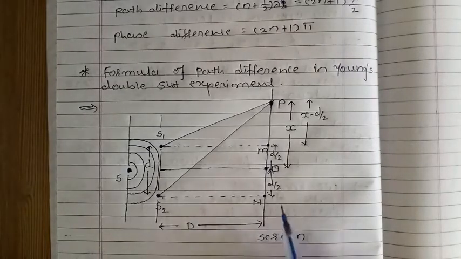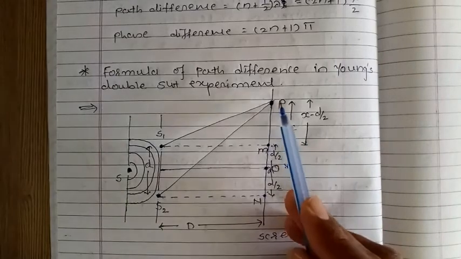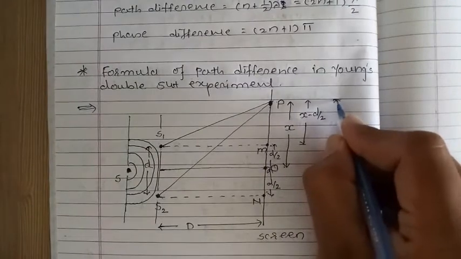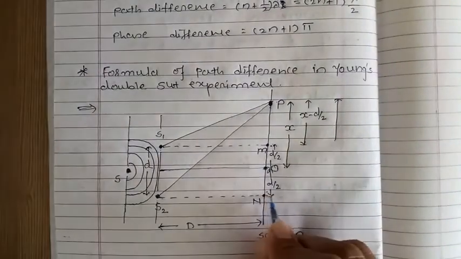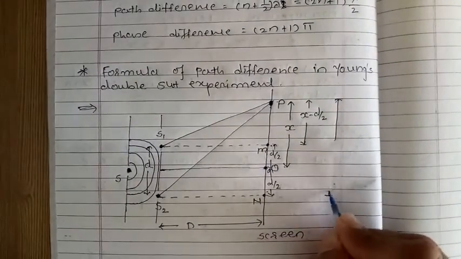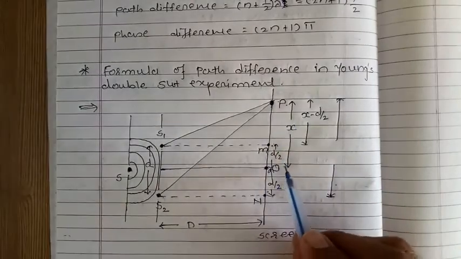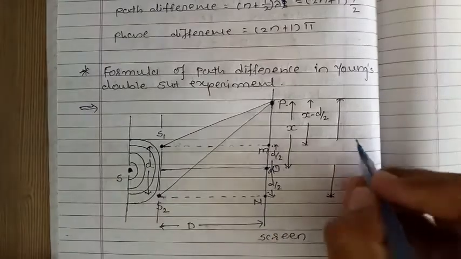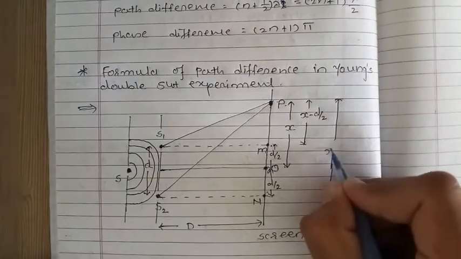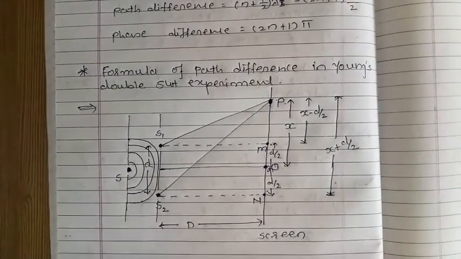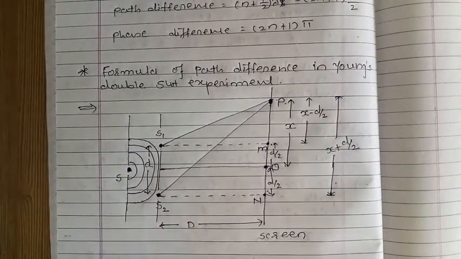Now to find the distance from P to N, see, this is X, P to O, and O to N is d by 2, so this distance is X plus d by 2, right? So here we find the distances.